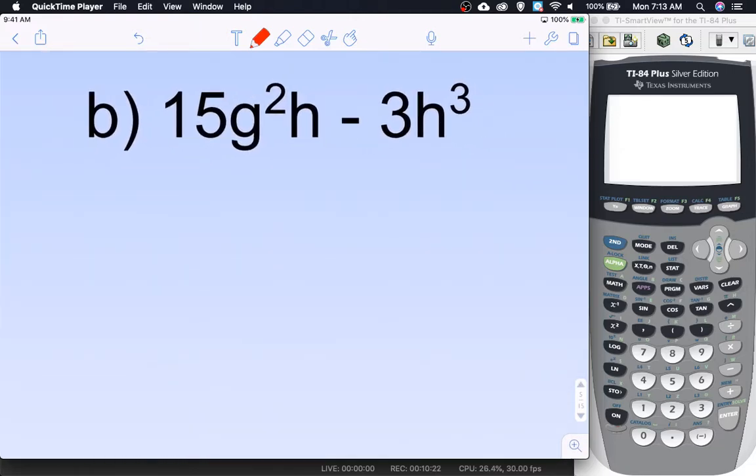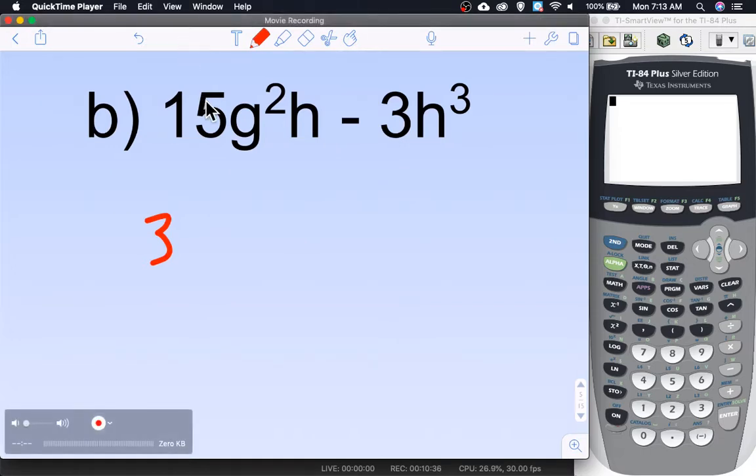Letter B. First thing that popped in my head when I saw this is the 3 and the 15 have a 3 in common. I can pull a 3 out of both of them. Then I'm going through each variable one at a time. G's. Do both of them have G's they can give up? No. The second term does not have any G's. Okay.